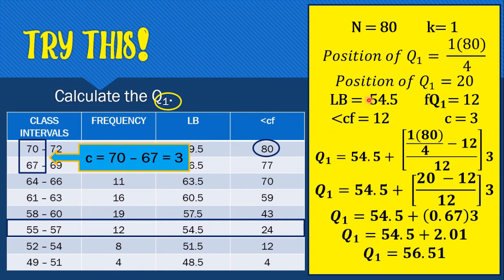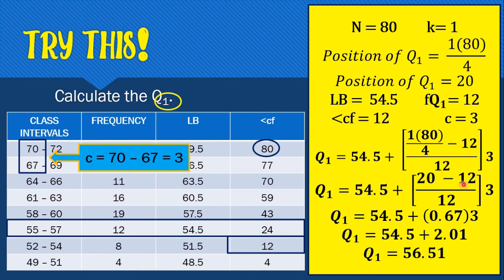And then our lower boundary is 54.5. Our less than CF before to be used will be 12. And the frequency is 12. The lower boundary is 54.5. And then as we substitute, we have 54.5 plus 1 times 80 over 4 minus 12, divided by 12, times 3.